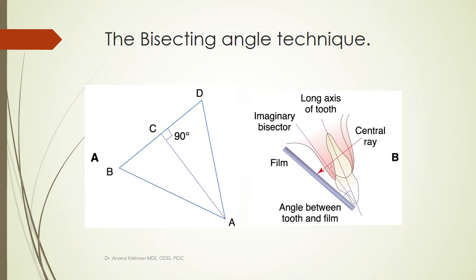So now the line A to D is going to represent your tooth, the long axis of your tooth. The line A to B is going to represent your film, that is the receptor.